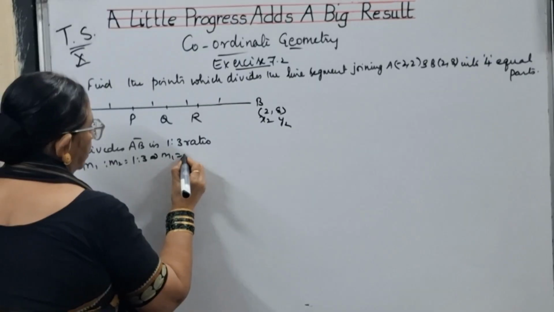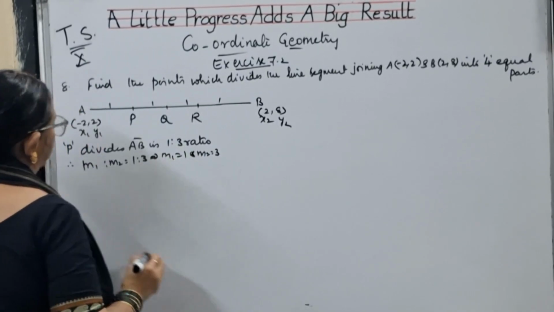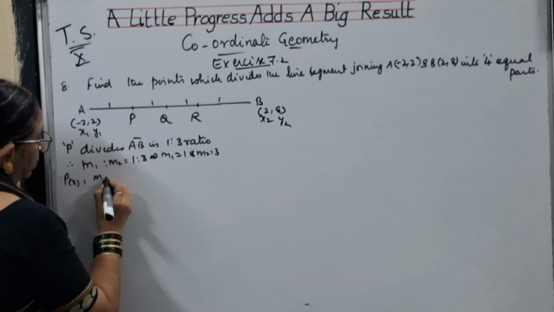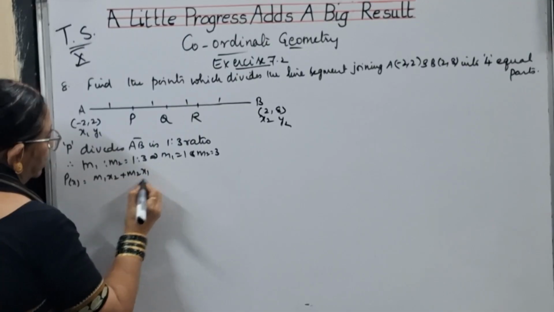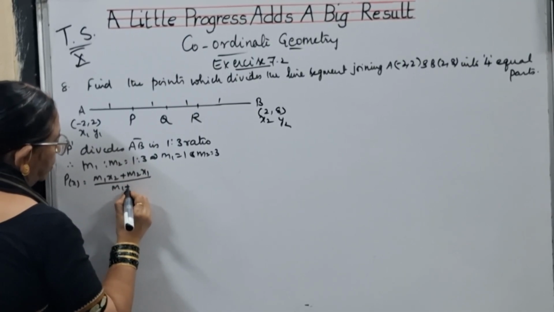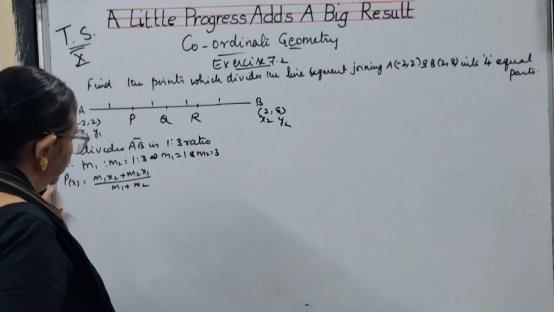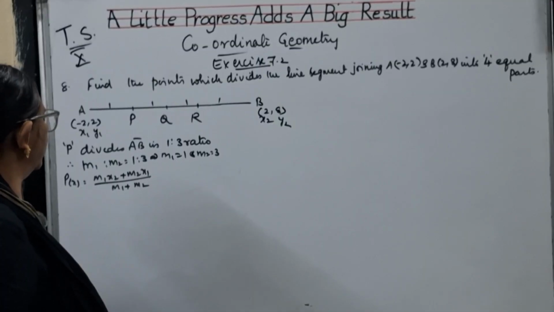This implies m1 is equal to 1 and m2 is equal to 3. So P of x is (m1 x2 plus m2 x1) by (m1 plus m2).